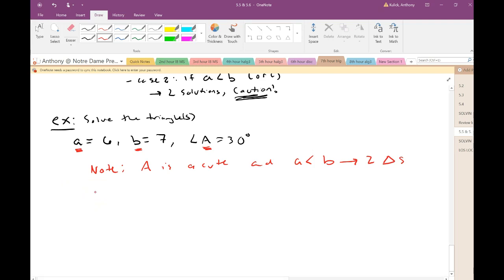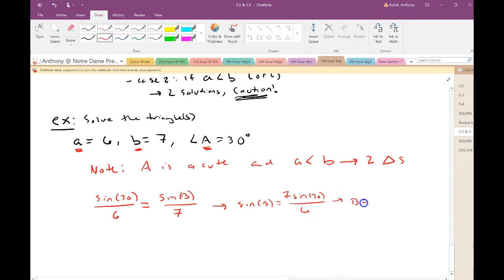If I'm going to do this, I'm going to use the law of sines. So I'm going to get sine of A over side A equals sine of B over side B. When I cross multiply and divide, I get that sine B is equal to 7 sine 30 divided by 6.